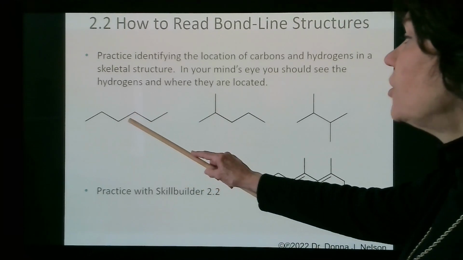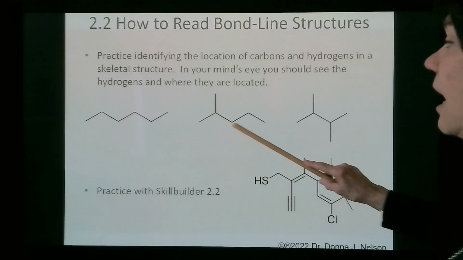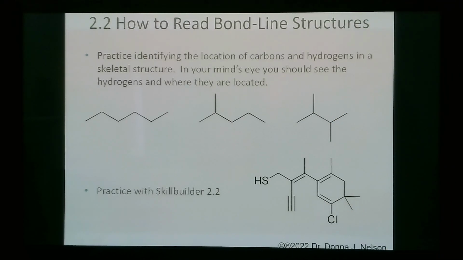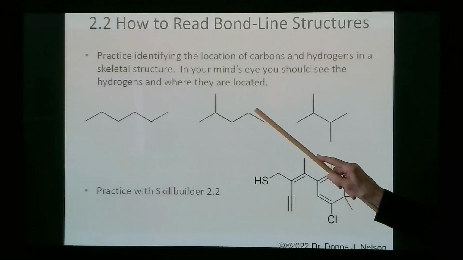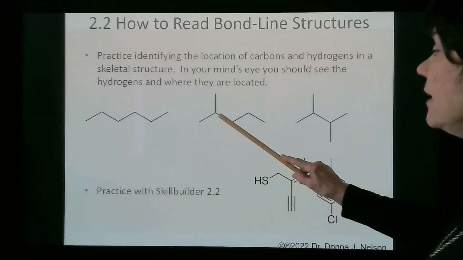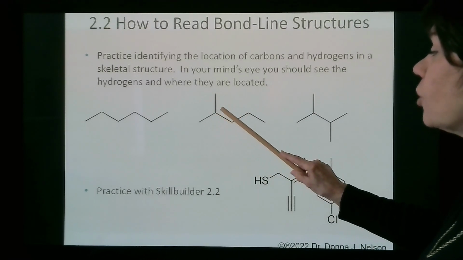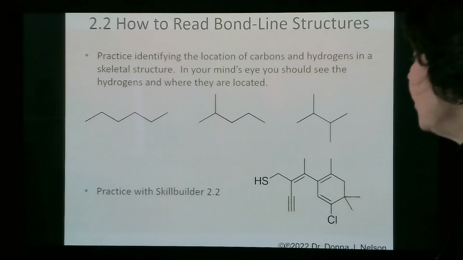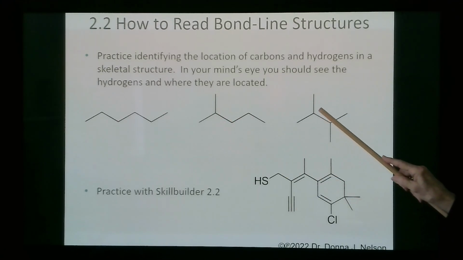You can practice identifying the location of carbons and hydrogens in these skeletal structures. You should be able to just know where the CH bonds are located and how many CH bonds are at each carbon. So for example, this carbon has 3 carbon-carbon bonds, so there's going to be 1 CH bond. Analogously here, 1 CH bond, 1 CH bond.